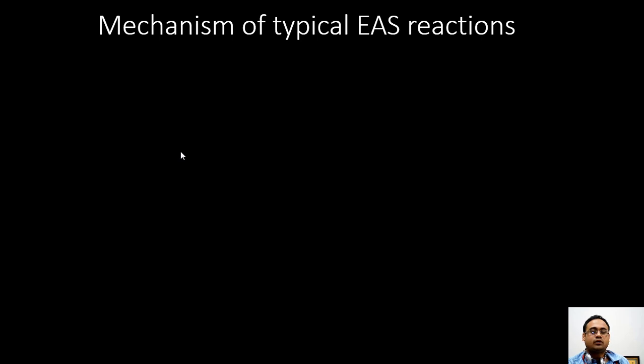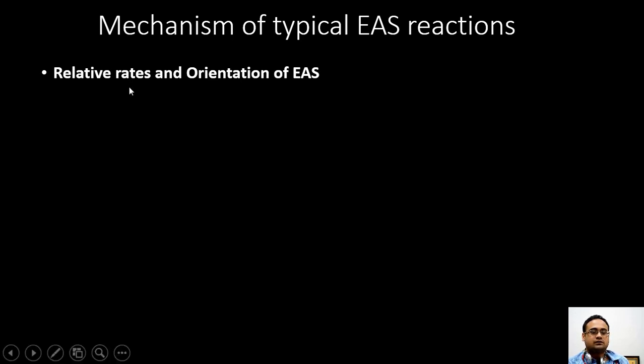So let us pay more attention to the mechanism of these electrophilic aromatic substitution reactions and what we know about them. We have studied in the last lecture that because of the substitution pattern, rates of these reactions are not the same. Some are faster, some are slower, and also the substitution affects the orientation, that is whether you get the ortho or the meta substituted product.